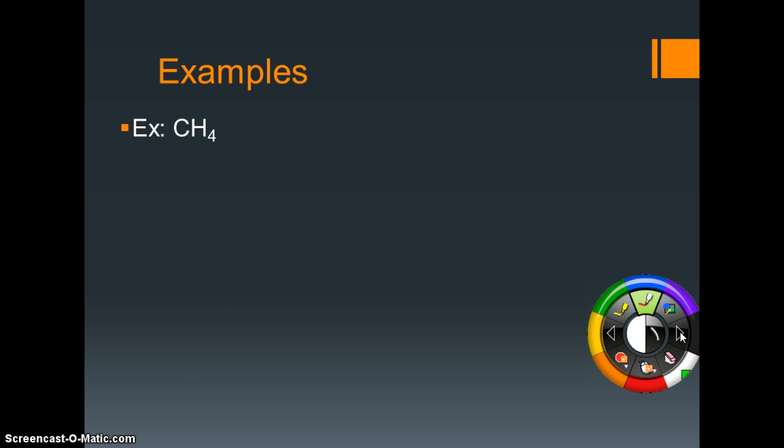Okay, CH4, we have a carbon which has 4 valence electrons, and then we have 4 hydrogen, like that. Each one has 1. So each one of these free, oh, I missed a hydrogen.